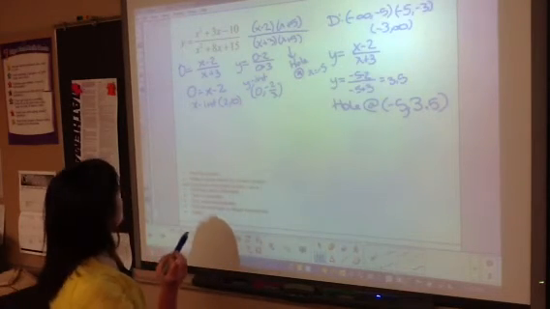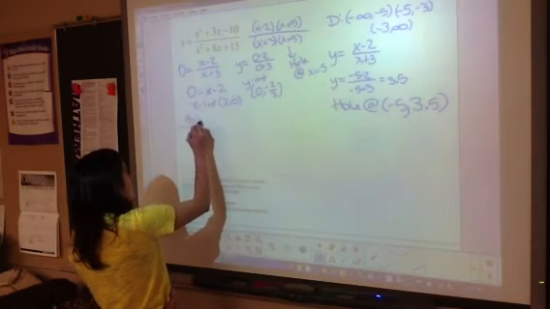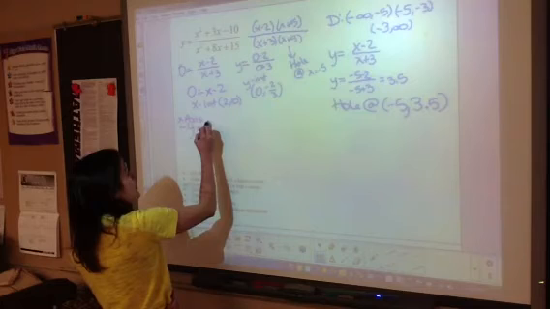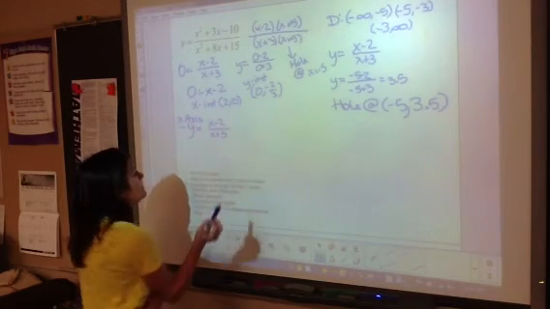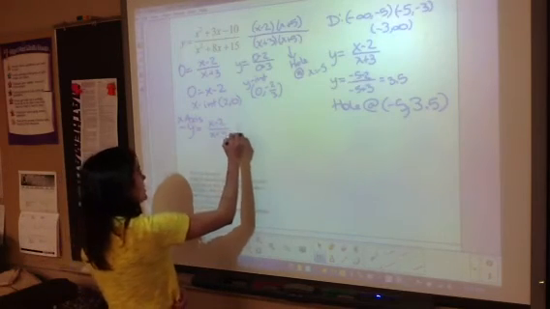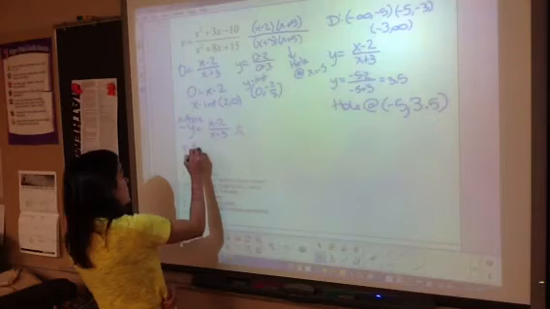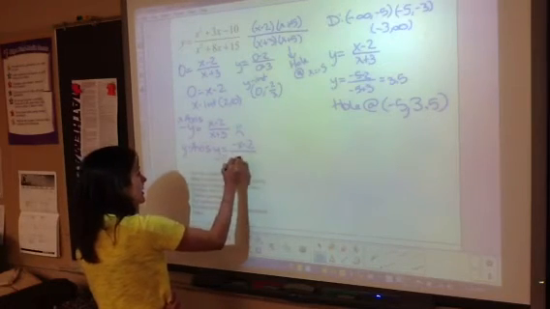To test for symmetry, we put in negative y. That will help us for x-axis. And when we put in negative y, and I'm going to go ahead and use my simplified version, which works still, if I multiply by negative 1, it's still not going to help. So sad face. For y-axis symmetry, I put in negative x. So I get negative x minus 2 over negative x plus 3.